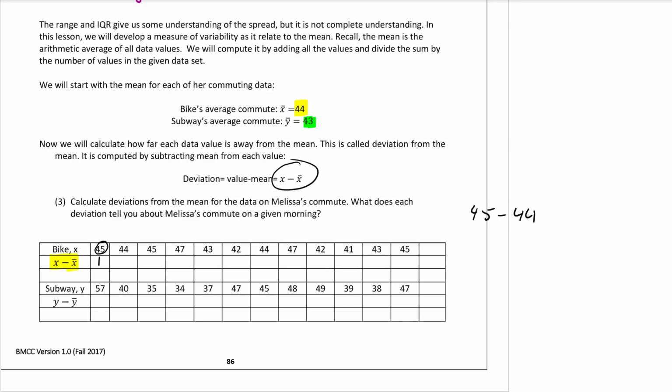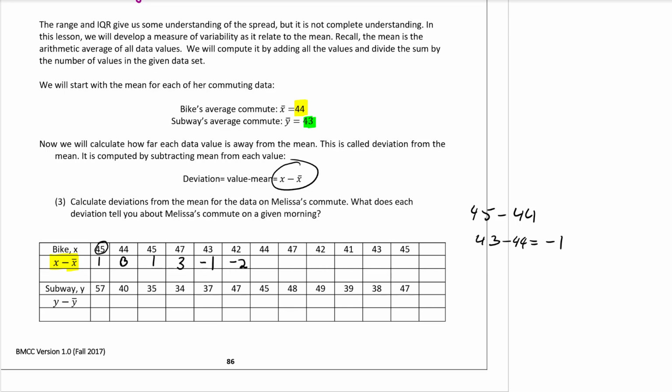So here it takes her an extra minute. Here it takes her exactly the same as average, so 0. Now again an extra minute. Here it was 2 or 3 extra minutes. 43, note that, this one is the important one. 43 minus 44 equals -1, not +1. So that actually took her faster.